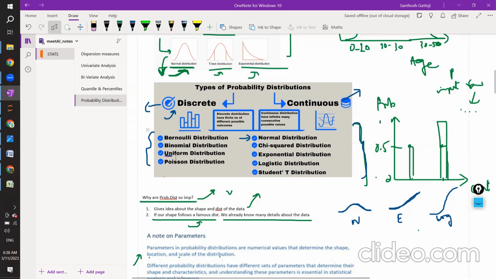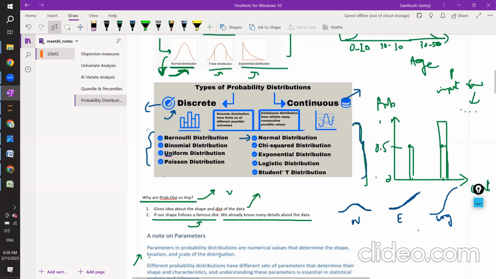Now, why only these? Even though it is the same discrete variable, why do we have different types of distributions? That will be the first question. Even though it is the same continuous variable, why do we have different distributions for it?